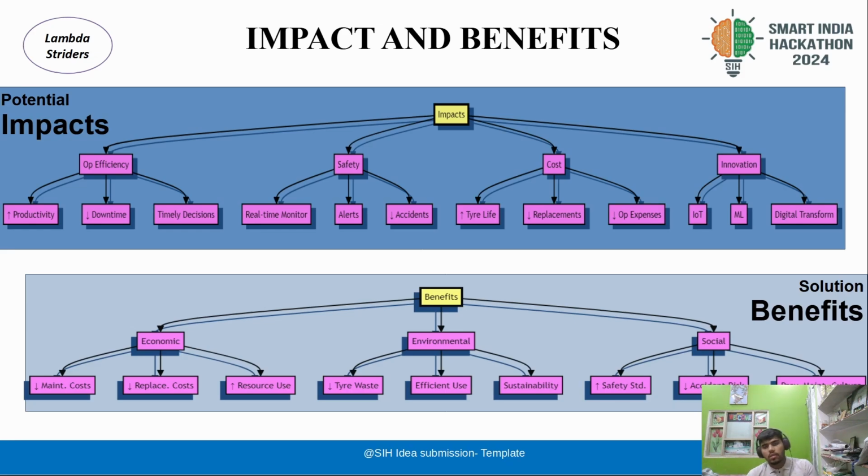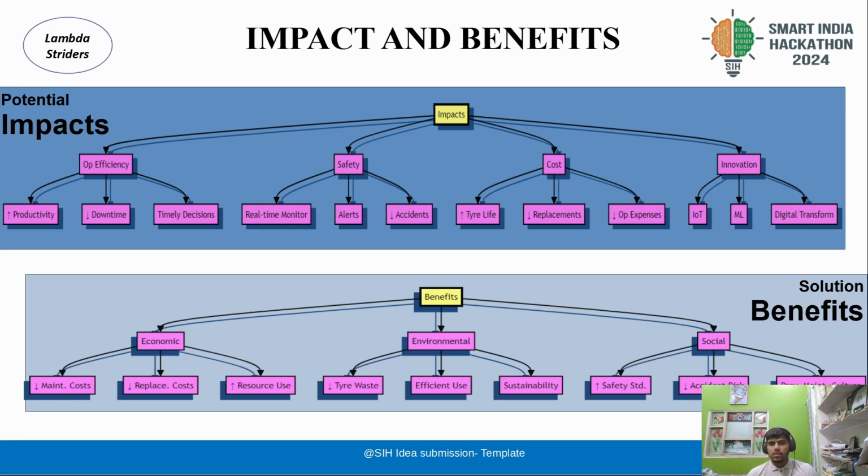Then there is safety. We are doing real-time monitoring. We are giving alerts whenever there is a need to change or adjust the tire, maybe because of TKPH assessment or maybe because of tire pressure, and that reduces the accidents that could occur because of these tires.